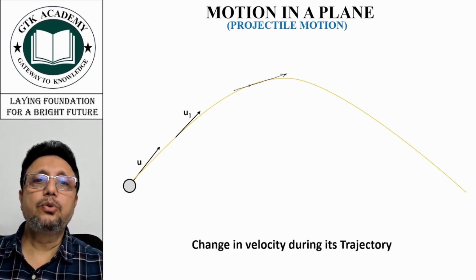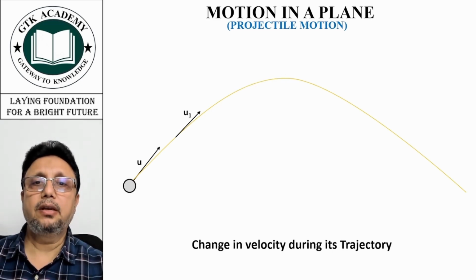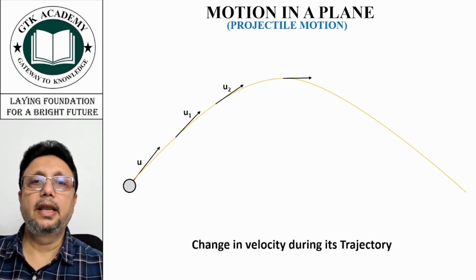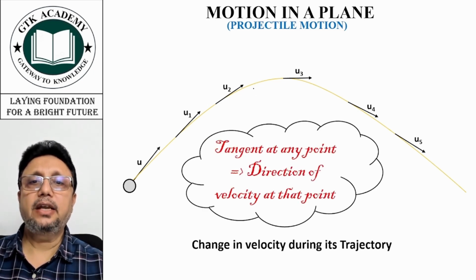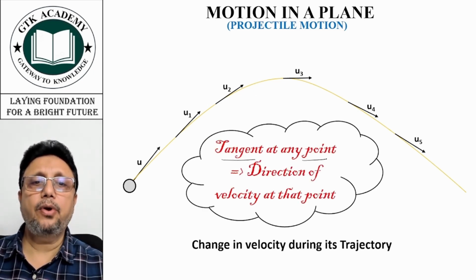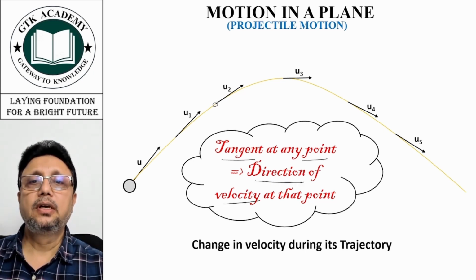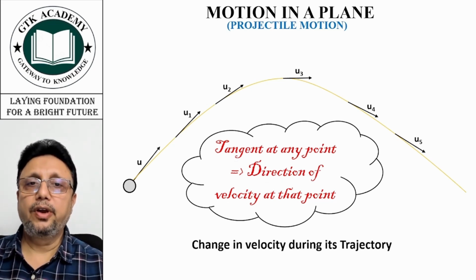This tangent will give you the direction of velocity at any point. Like this, like this, like this. So velocity is going to change in magnitude as well as direction. So tangent at any point gives the direction of velocity at that point. Suppose at this point you have u2, at this point you have u1. These all are the direction of tangents at that point. It can be seen from the figure.